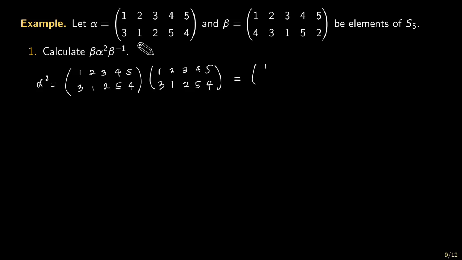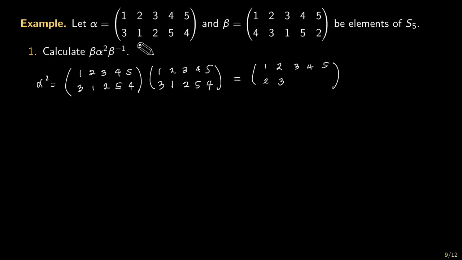So the product will be another element of S sub 5. Right, so we put blanks here. So what's the image of 1? 1 to 2, then 2 to 2, so the final image is 2. What will be the image of 2? 2 to 1, then 1 to 3. You get 3.